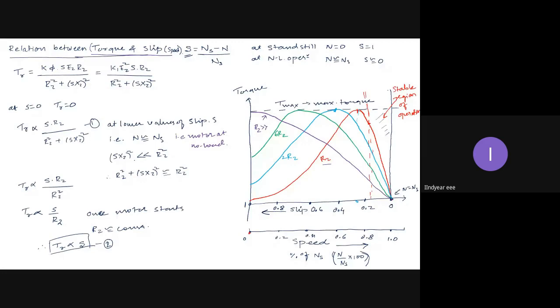Therefore, we will neglect this term, and my torque will become proportional to S divided by R2, or as R2 is almost a constant, my torque is directly proportional to slip.